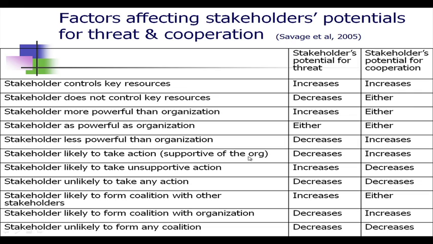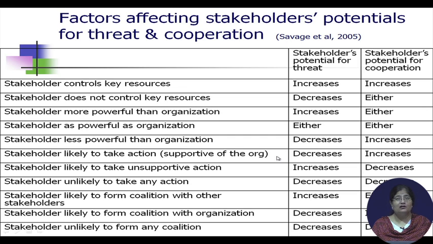If the stakeholder is less powerful than the organization, then their potential for threat definitely decreases, and their potential for cooperating increases. If stakeholders are likely to take action supportive of the organization, their threat obviously decreases and their potential for cooperation definitely increases.